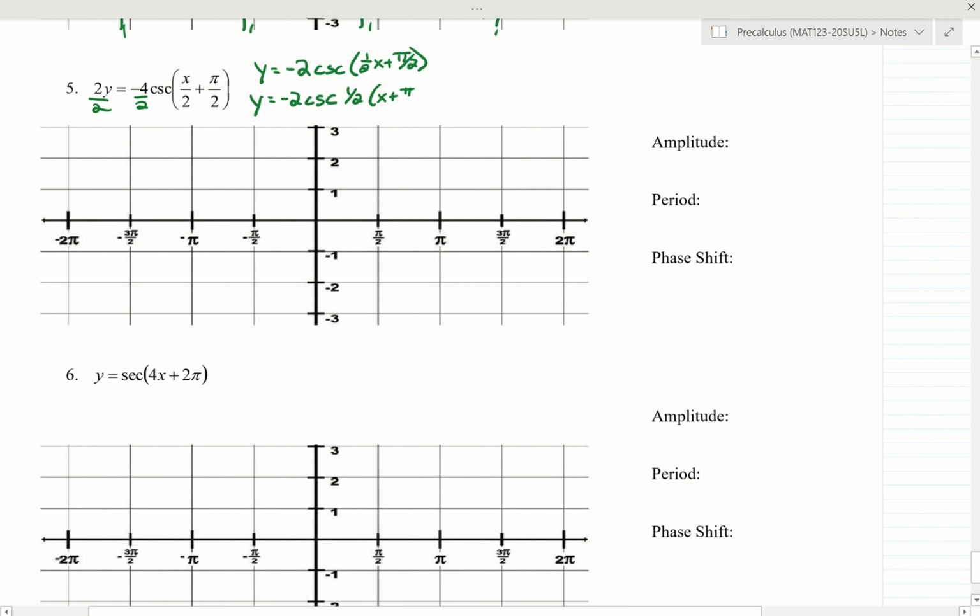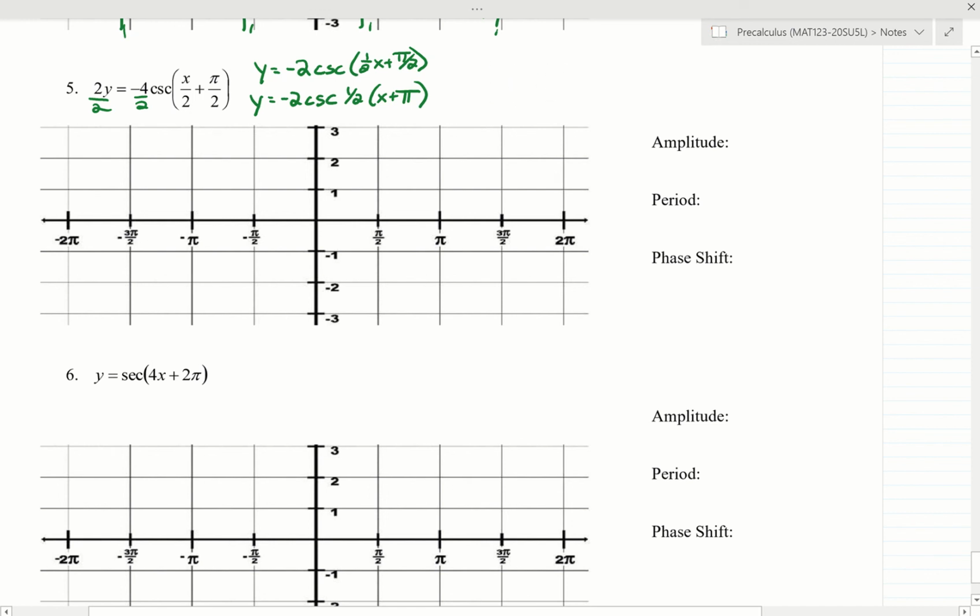And pi over 2 divided by 1/2 would just be pi. You can even do it off on the side if you want. Pi over 2 divided by 1/2 is the same thing as pi over 2 times 2 over 1. These would cancel, giving you just pi like we said.